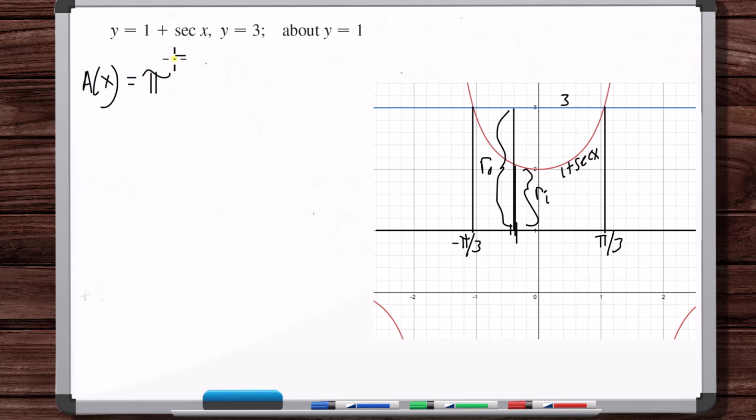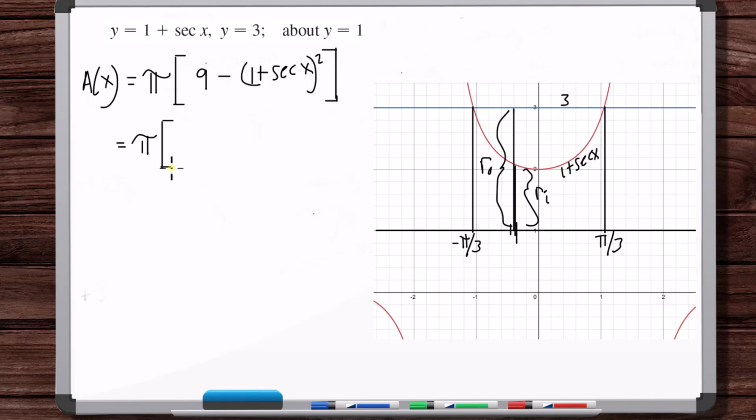pi times, no, 3 squared, 9, minus (1 plus secant x) squared. That's it. So let's simplify this.